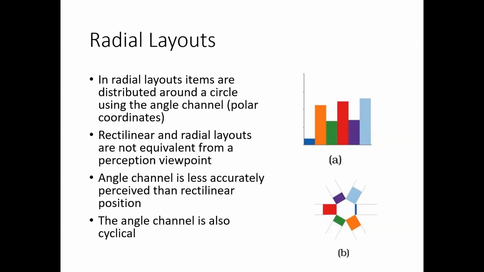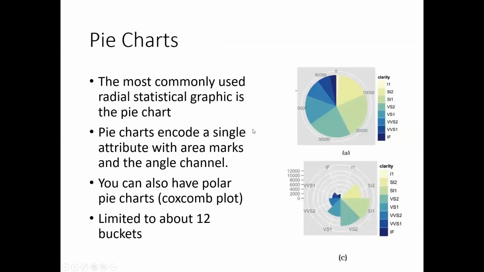The other cool thing that you get with the angle channel is you can use it to depict cyclical data. Pie charts are the most commonly used radial statistical graphic, and we've explored some of the difficulties with pie charts. They have limited amount of data that can be encoded and limited number of bins.